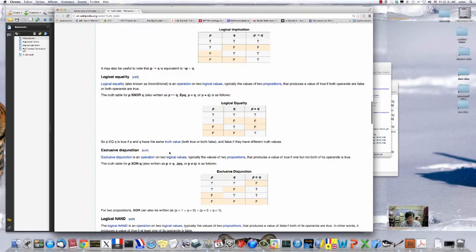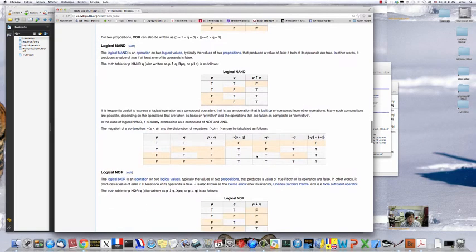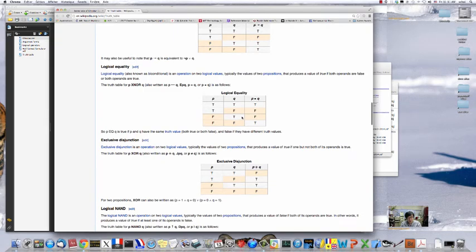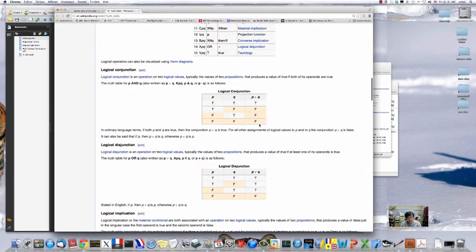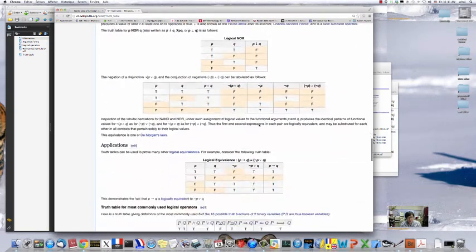We also have things called exclusive disjunction and these kinds of things. These are all built from the logical connectives imply, or, and and, so we will not be concerned with these.